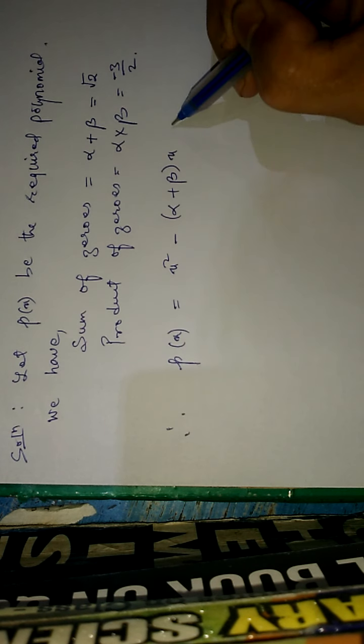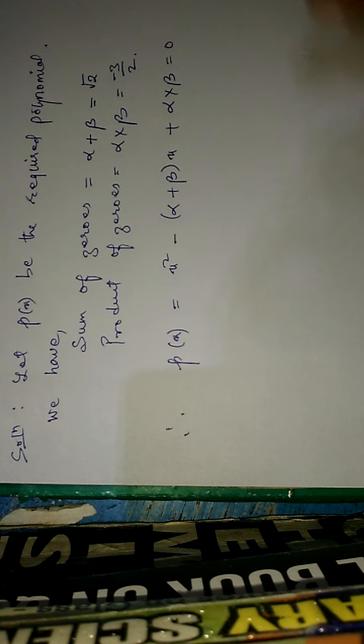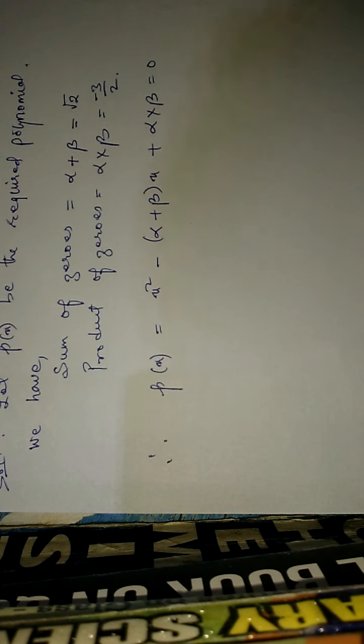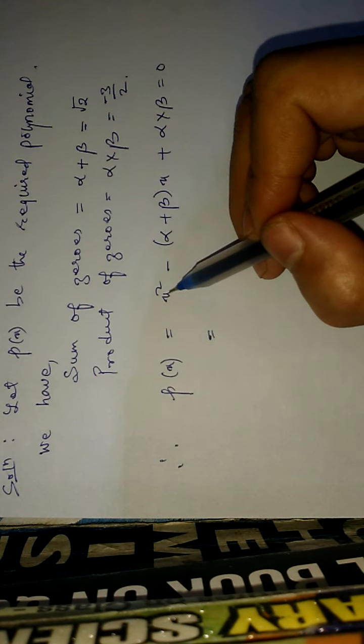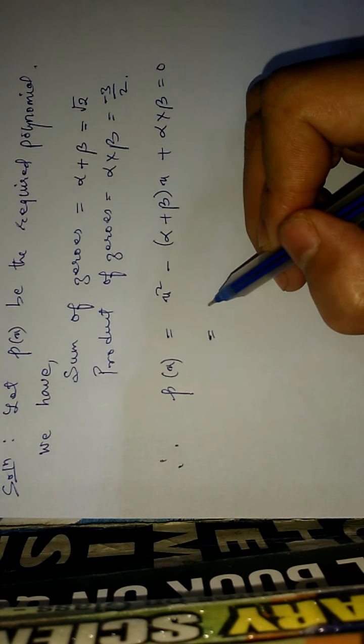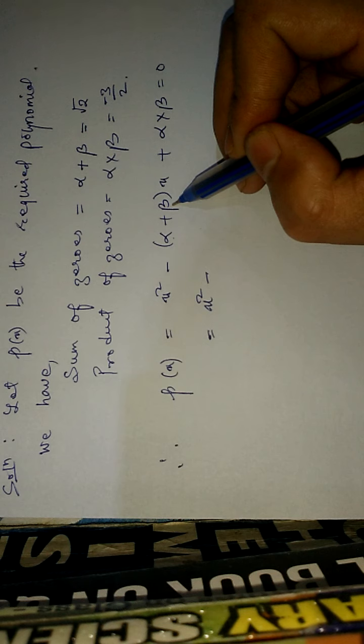So here x square you can write as it is. Then alpha plus beta is given in the equation. That is root 2. Then x plus alpha into beta, minus 3 by 2, equal to 0.